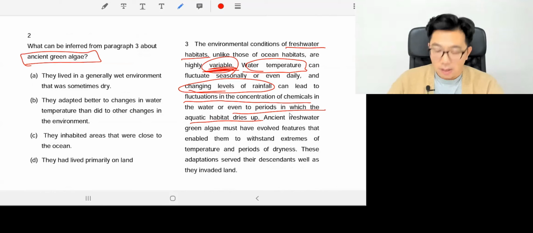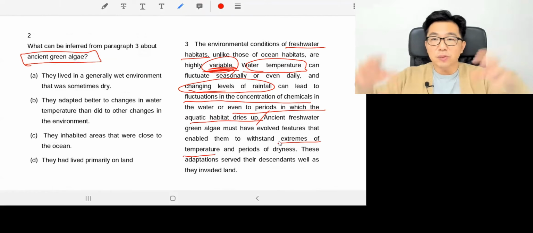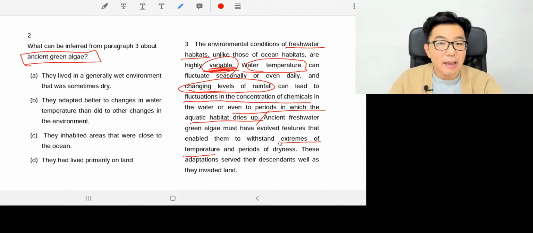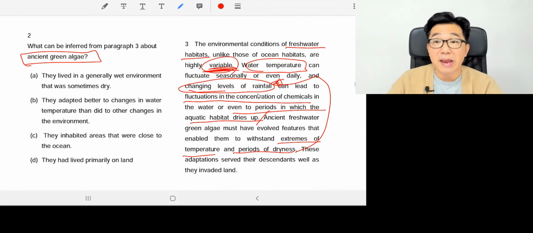Okay. Ancient freshwater algae, so how did they adapt? Ancient freshwater green algae must have evolved features that enable them to withstand extremes of temperature. Extremes of temperature here means extremely cold, extremely hot, extremely varied, up and down. And periods of dryness come from the changing levels of rainfall.